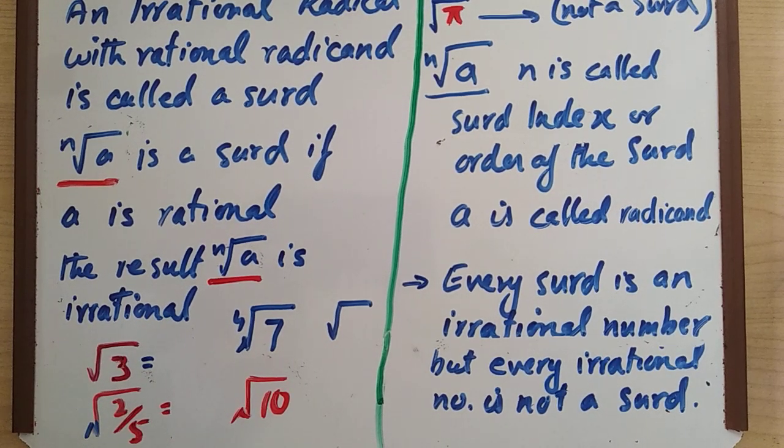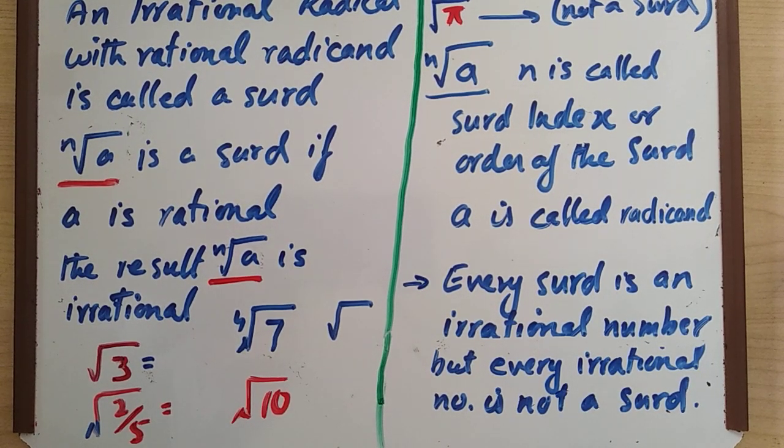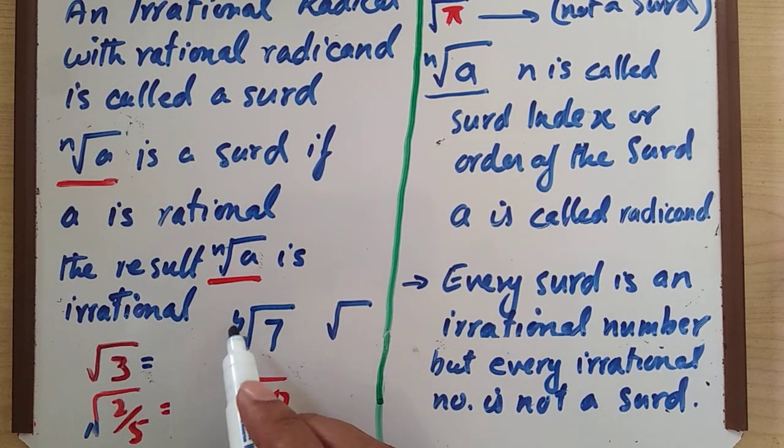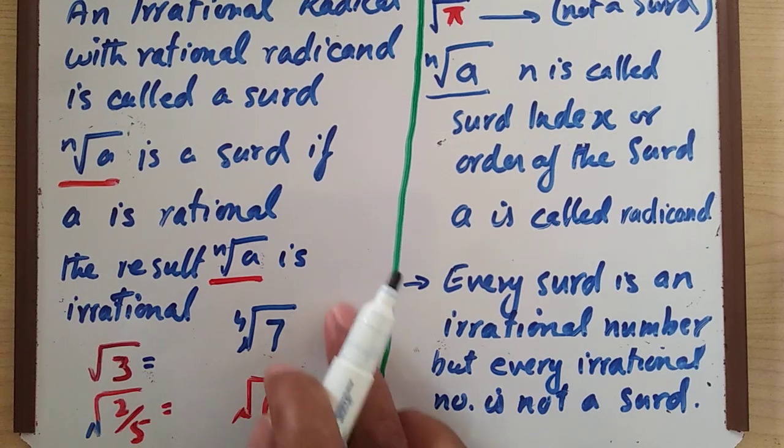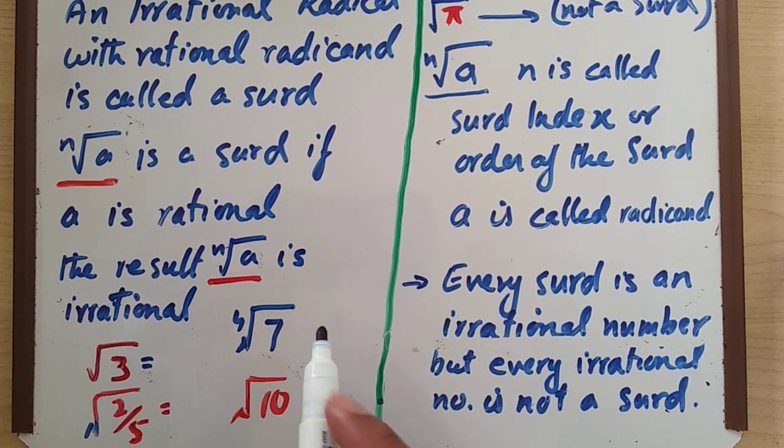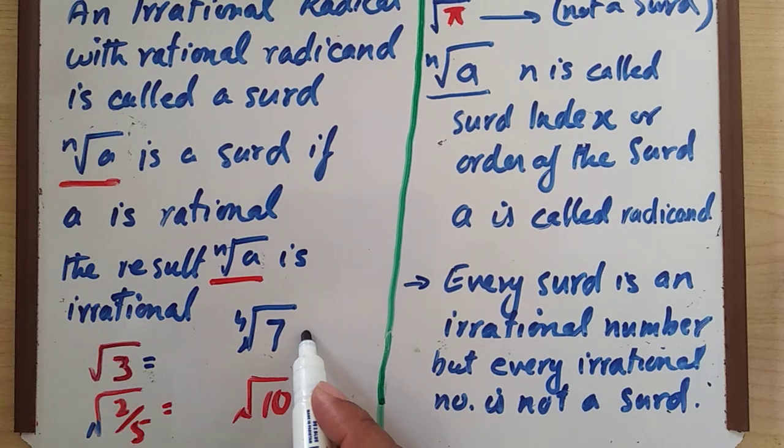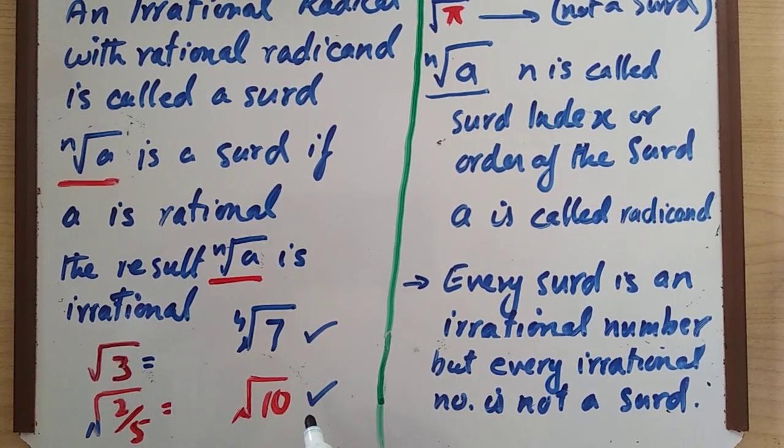So the number will be non-recurring and non-terminating. In a similar way, if you insert this number, it will also give you an irrational number. Irrational means the number is neither terminating nor recurring. Another example, you can see 4 here. You can easily insert this value in the calculator and obtain the same behavior, and this one is as well.